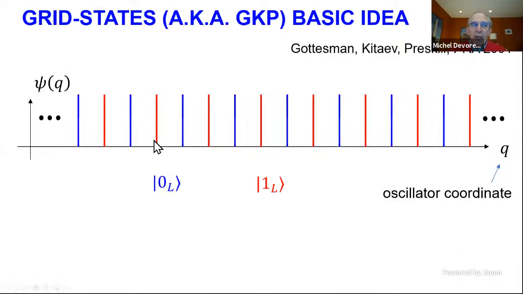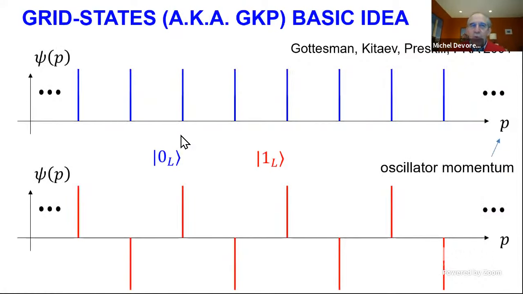With regards to my particle in box scheme, that fits the bill because you see the separation in some sense between these wave functions is maximum. The width of each of these pickets is extremely tiny, so you have a lot of relative distance between 2 pickets belonging to these 2 states. So if you have a small translation error, you can correct it. But what is wonderful in that code is that you don't correct only bit flips, but also phase flips.